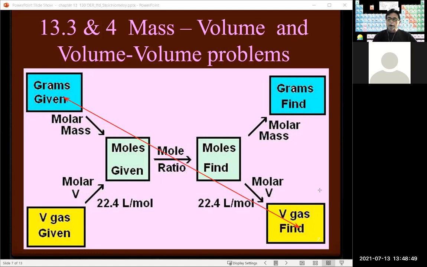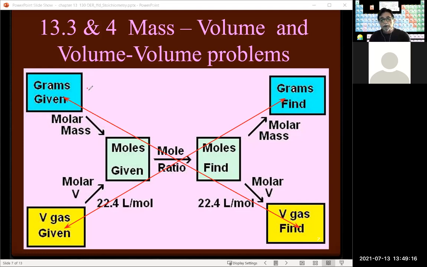And I gave a double arrow there because it goes both directions, okay? You can be given moles of a gas, grams of a gas, and you got to work backwards to figure out grams given or grams find, you know? And again, you can go from the top right to the bottom left corner, double arrows.